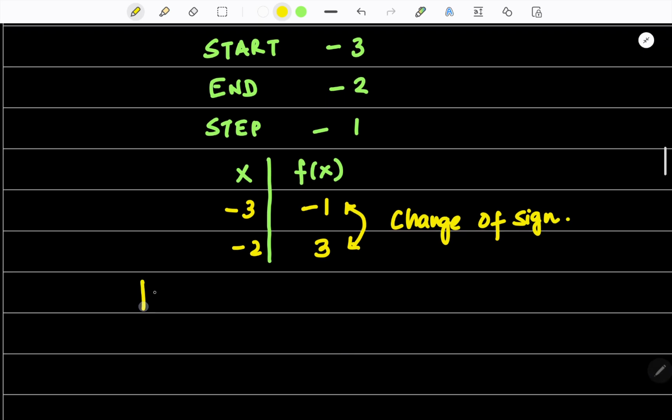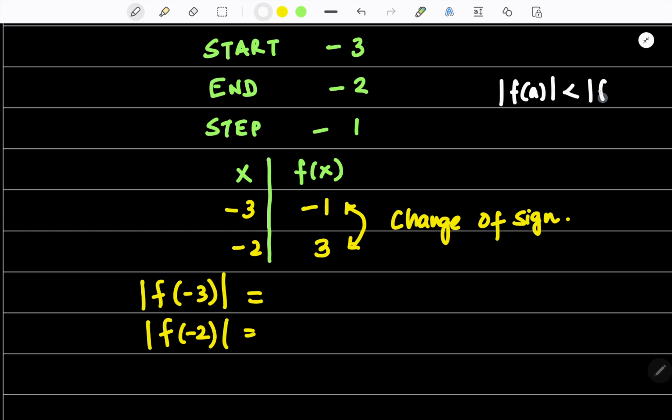Okay, let us calculate what is absolute value of f of minus 3 and what is the absolute value of f of minus 2. Why, teacher, you are calculating this one? I told you already there is a root. If there is a rule, sorry: absolute value of f of a is less than absolute value of f of b. What happens? The root is closer to a, right?